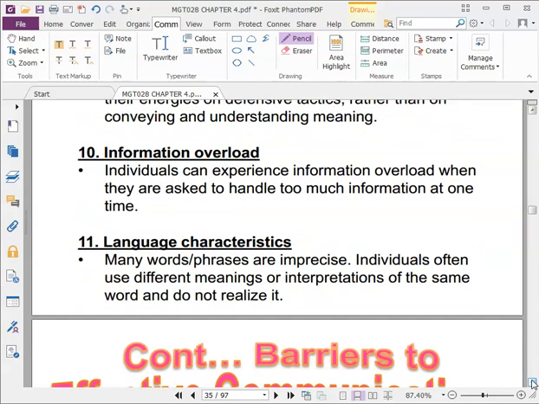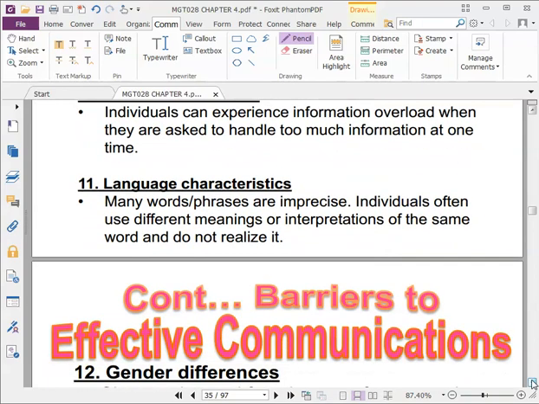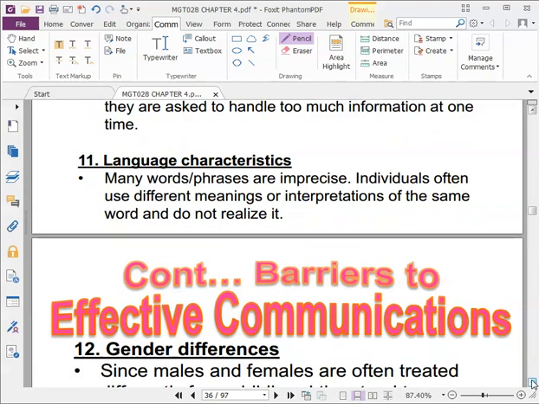Many words phrases are imprecise. Individuals often use different meanings or interpretations of the same words and do not realize it. Okay, language characteristic. Kalau kita guna perkataan yang sama tapi kita tak dapat bezakan setiap perkataan tu, itu menyebabkan orang yang mendengar tu tak faham apa yang kita nak sampaikan.